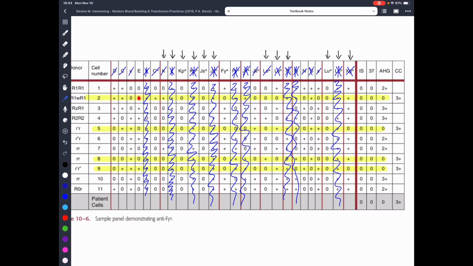The second one does match: 0, 0, no agglutination, and it's not present. Here, plus, it matches, plus, 0, 0, plus, 0, plus. Here again, there's agglutination, but there's no E antigen present. So E cannot be the one causing the agglutination.